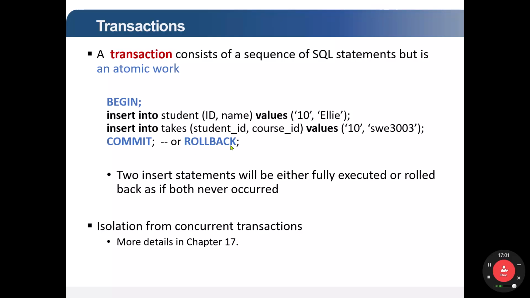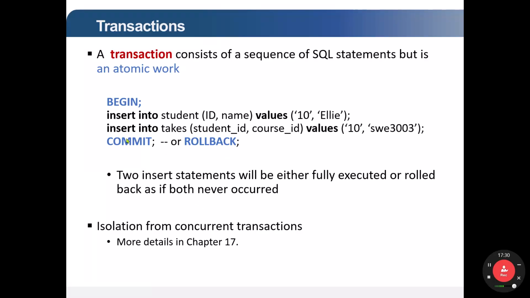This rollback will cancel everything you performed starting from this begin statement. So commit means success. Rollback means failure. So if anything bad happens during this transaction, you should roll back to cancel everything, as if none of these operations had been performed. Okay, that is the rollback operation.